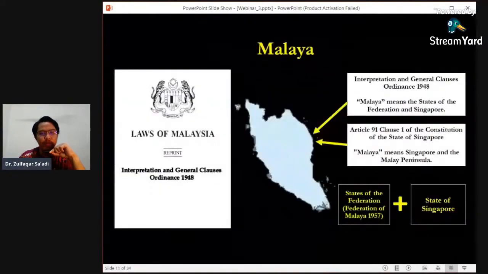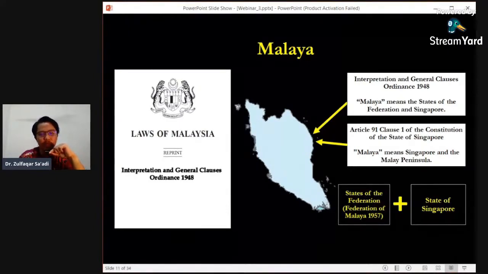So why did the British make this definition in the Interpretation and General Clause Ordinance 1948, and then later put it in the Constitution of Singapore also, the meaning of Malaya? It is because the British felt responsible for the separation of Singapore from the Federation of Malaya.